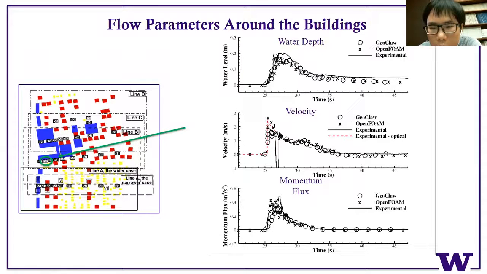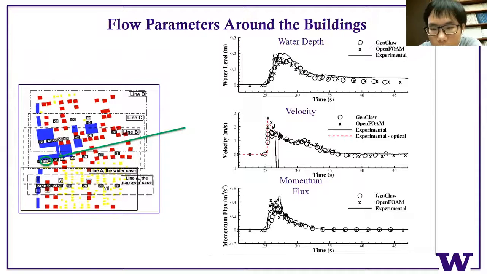For the prediction of velocity, both the blue solid line and the red dashed line are from experimental measurement. Here you can see that in terms of the peak value, the 3D model, which is the cross, is much closer to the peak than the 2D GeoClaw model.